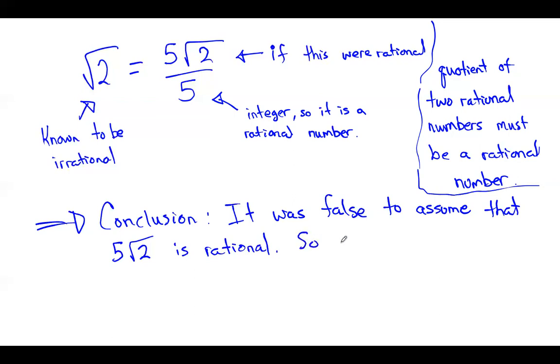So we conclude that 5 times the square root of 2 is irrational.